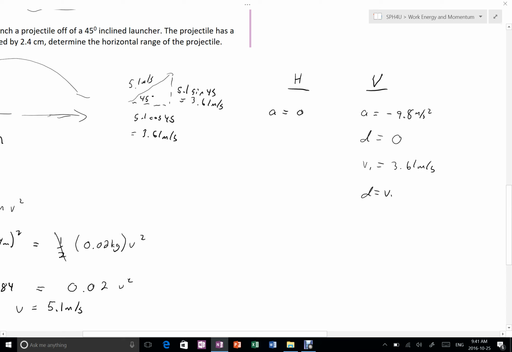D equals v1t plus 1/2 at squared. So 0 equals 3.61t plus 1/2 times negative 9.8 t squared. Simplify that a little bit, and I'll factor out the t.